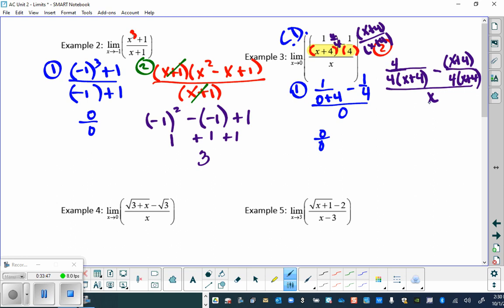So now when I go ahead and combine these fractions, I have 4 minus x plus 4 all over 4 times x plus 4 all over x. Anybody nervous about that x hanging out in the denominator? Don't be.